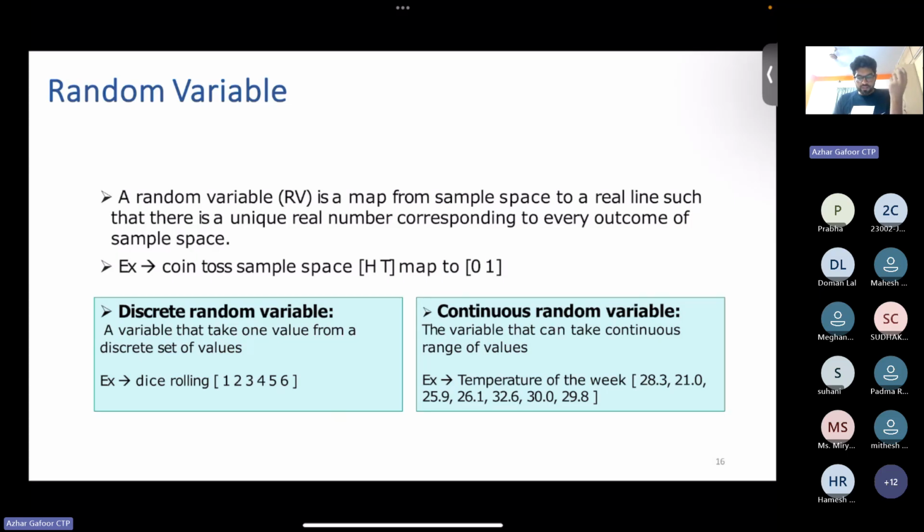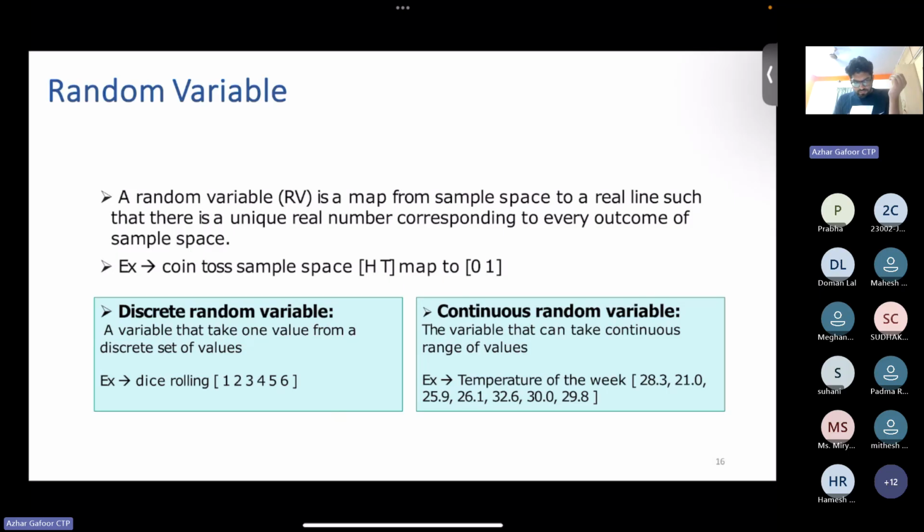Whenever we deal with these problems in computers, we cannot actually use head, tail and things like that, so we have to give numbers. If you are dealing with computers, and in data science also, we need only numbers. So the random variable will map the sample space onto the number line.